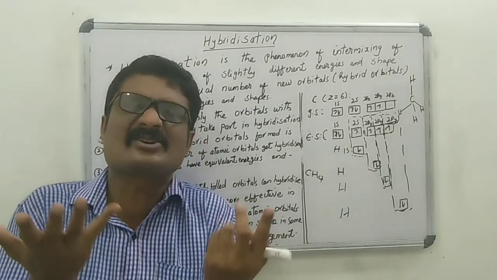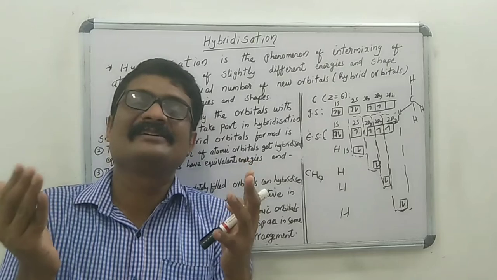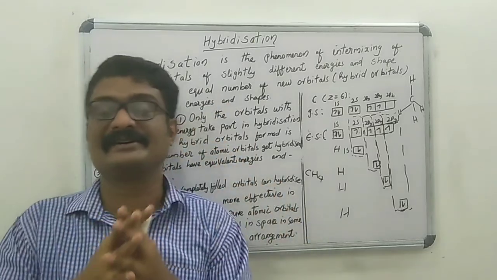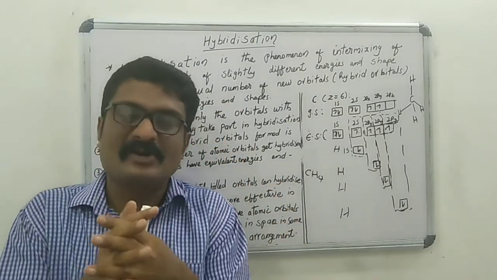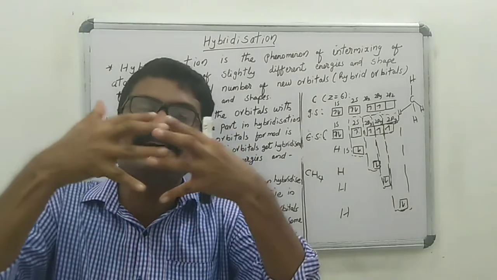Or we can say the electron clouds having different energies and shape undergo intermixing.